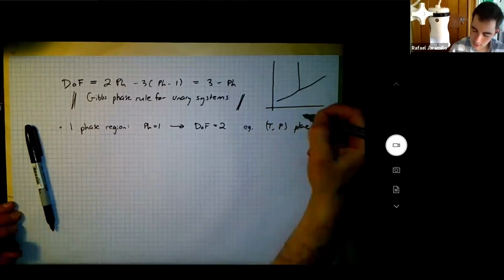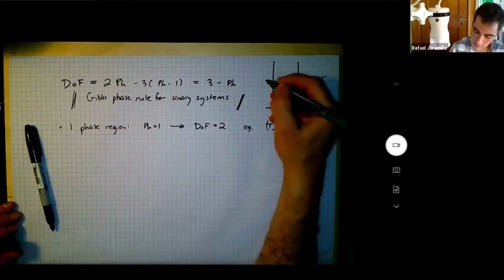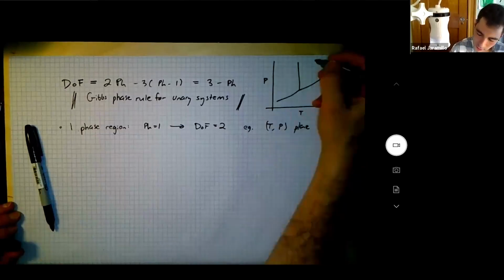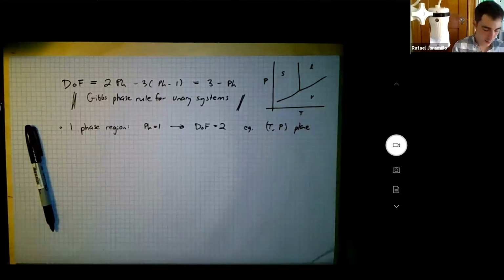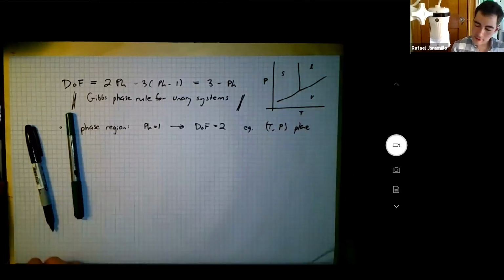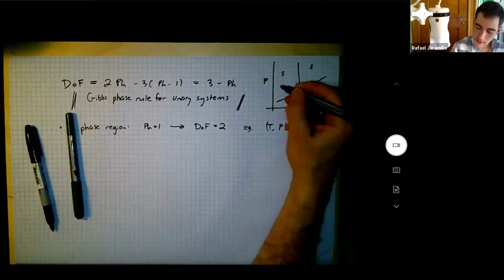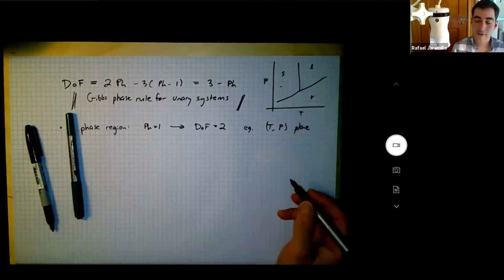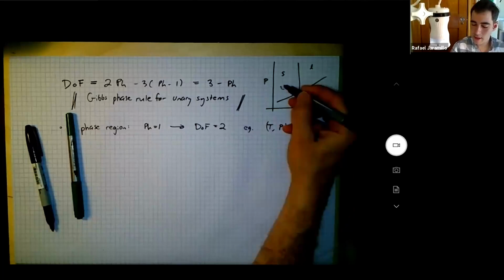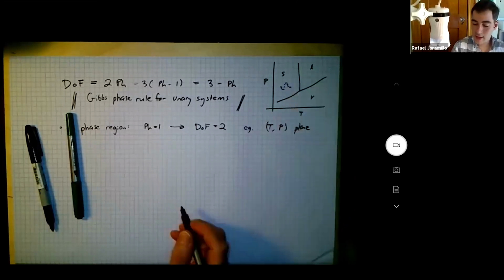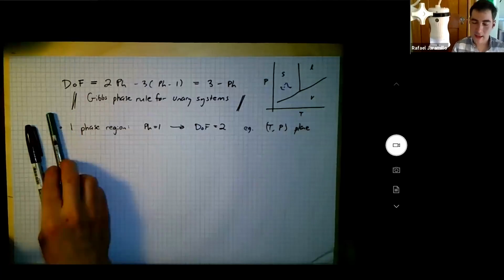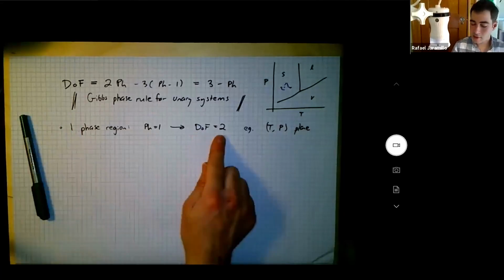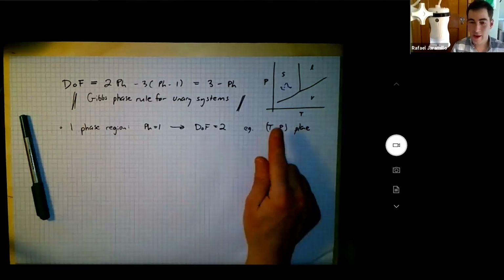This is temperature, this is pressure, this is liquid, solid, and vapor. In general, in a unary phase diagram, I can stay in one phase region and wander around randomly in temperature and pressure and remain in that one phase region. That's the meaning of having 2 degrees of freedom. I can wander at random in temperature and pressure independently while remaining in my one phase region.